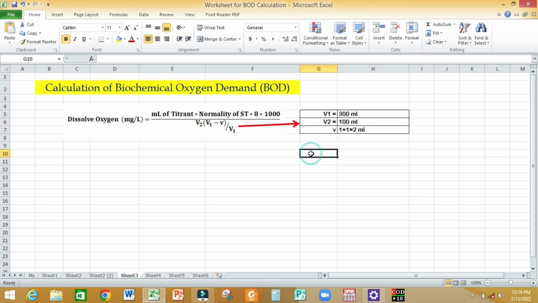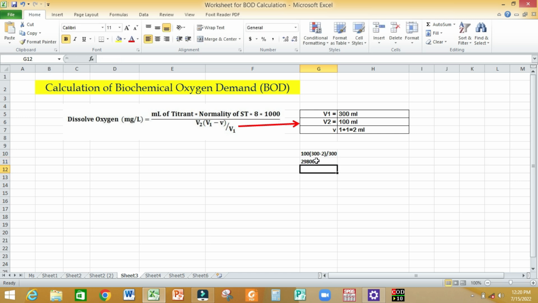V2 is 100, so V2 100 within bracket V1, which is 300, minus V, which is 2, divided by V1, which is 300. I'll do the calculation first for the numerator: 100 into 300 minus 2 will be 298, right? 298.